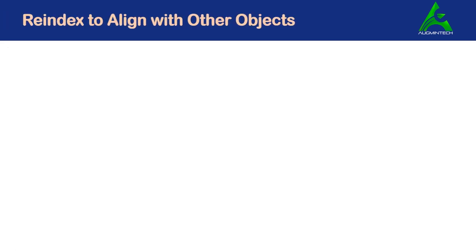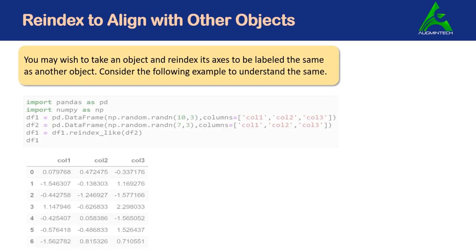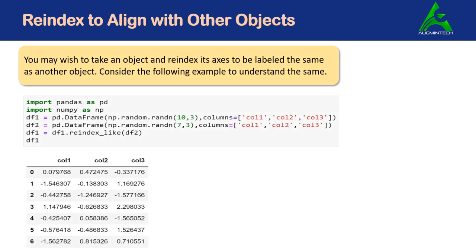Now let's see how to reindex to align with other objects. You may wish to take an object and reindex its axes to be labeled the same as another object. Consider the following example to understand the same. Here we have imported pandas as pd and numpy as np, and then we created two data frames using np.random, that is numpy random, and the columns are column1, column2, column3.